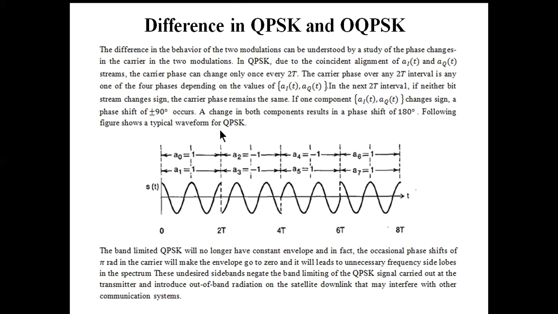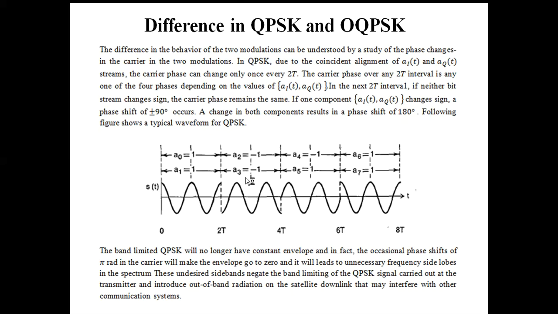Now there is a conventional rule depending on the pattern or combination of AIT and AQT; four phases can be taken. Let's consider an example. Here A0 equals 1 and A1 equals 1, but next A2 equals -1 and A3 equals -1. In this scenario, 2 bits have changed.